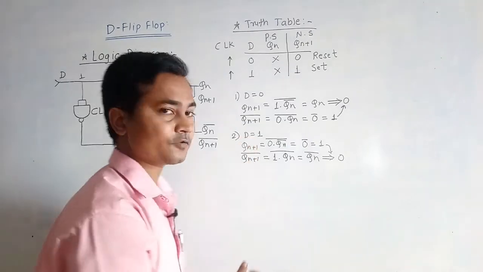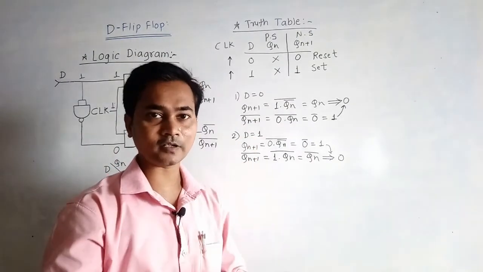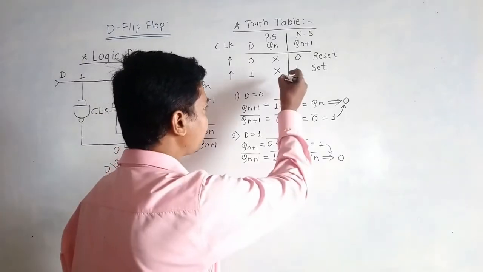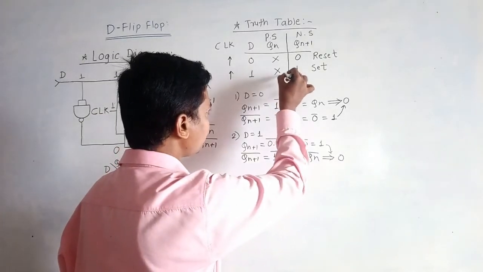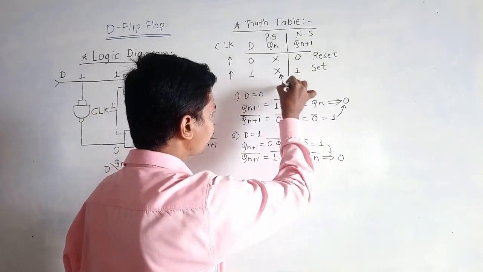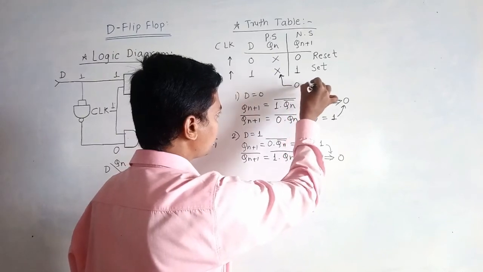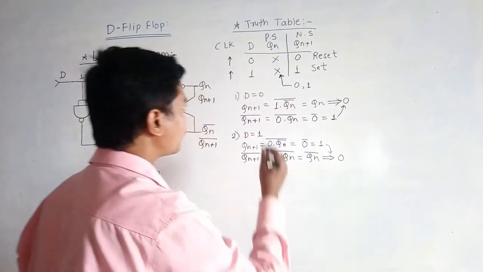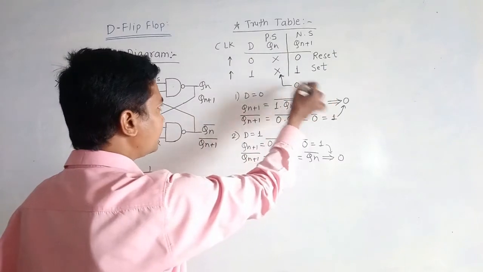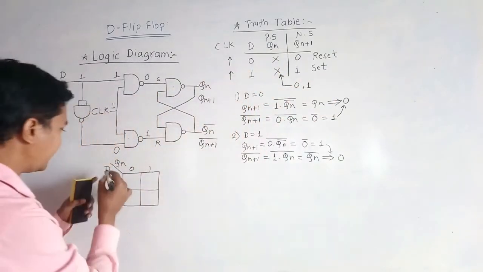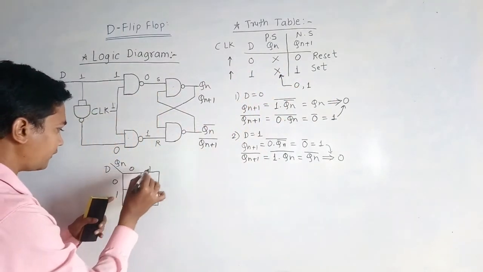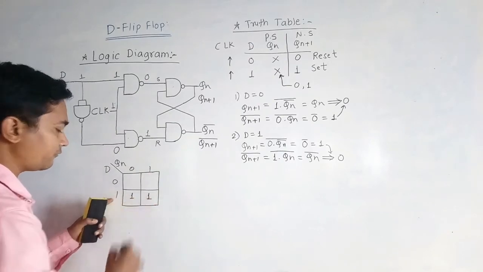So don't care means what? Don't care means either 0 or 1. Okay, so it is having two cases. So X will be either 0 or 1. So consider Qn equal to 0 and 1 and D equal to 1. So here write 1 1.